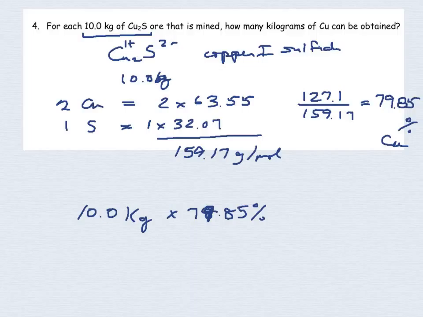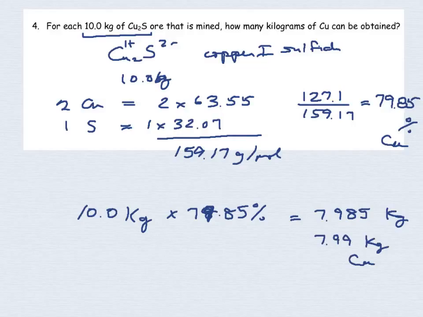Do that right in your head. You're going to get an amount of course, 7.985. That's kilograms. 3 significant digits, 7.99 kilograms. There's 7.99 kilograms in a sample of copper 1 sulfide that was 10 kilograms in total mass.